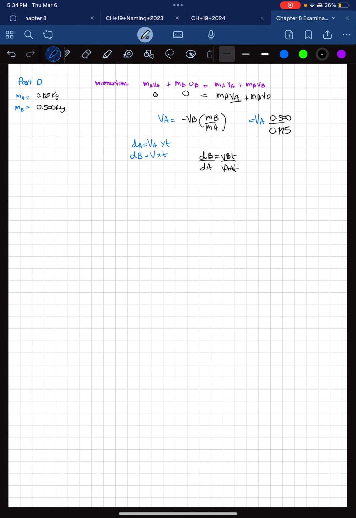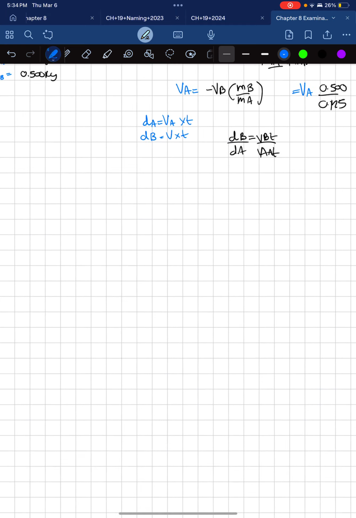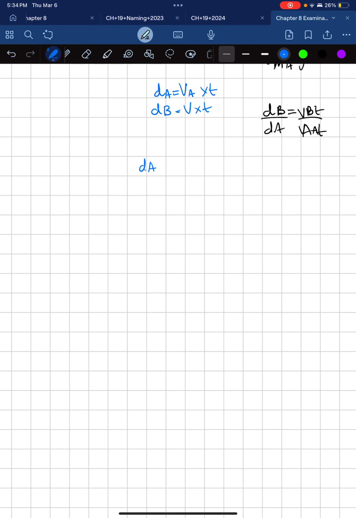When we go ahead and move that to the other side, we get that dA is gonna be 0.96 meters, which is what they gave us, which is what it moved, the distance. This is the distance that the glitter A moved.